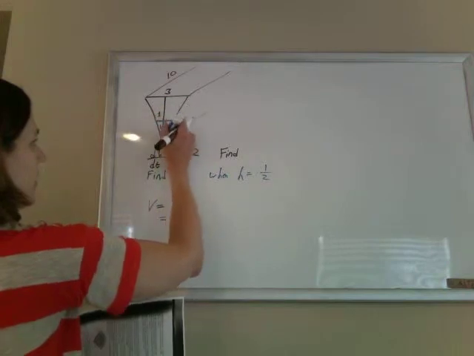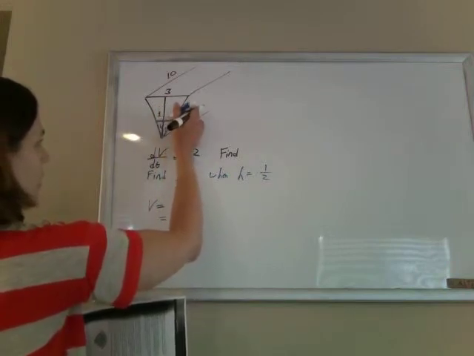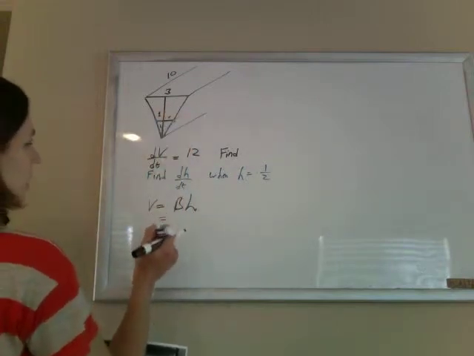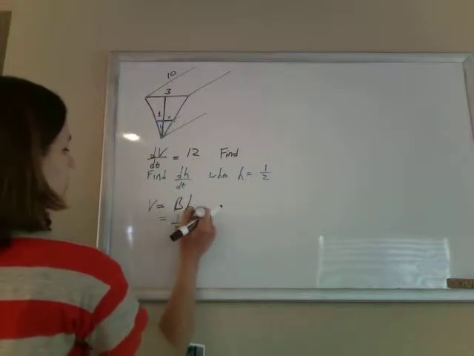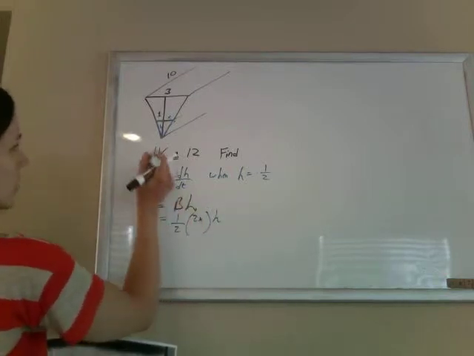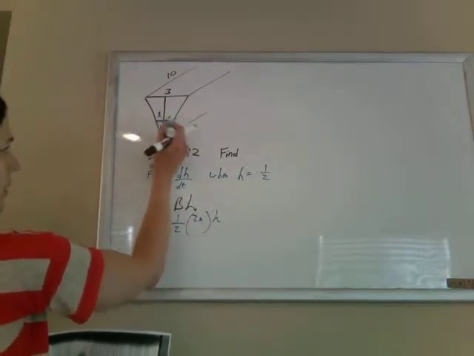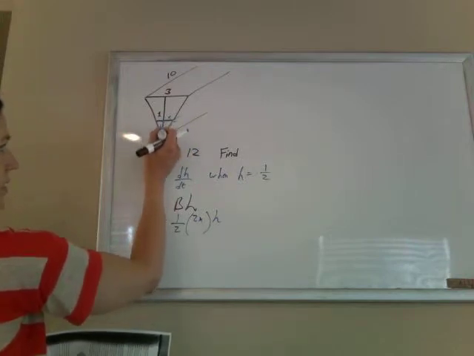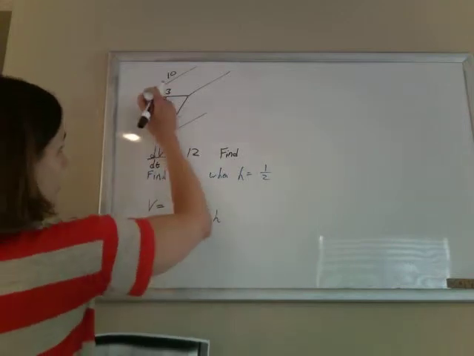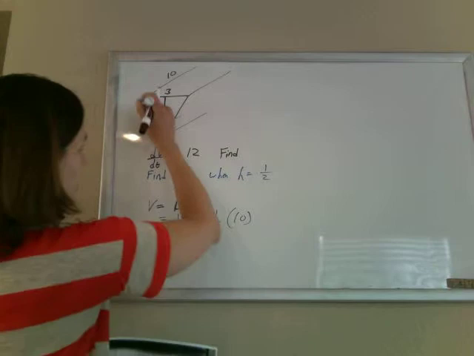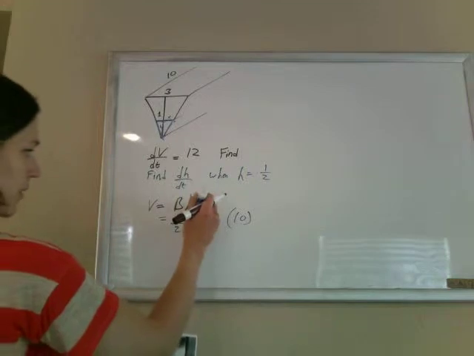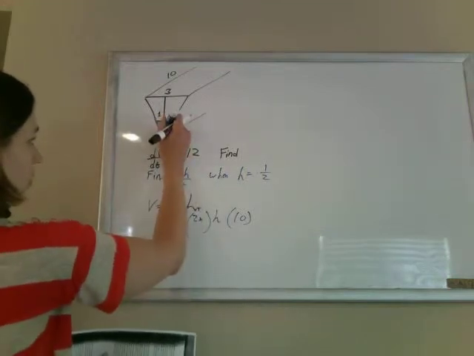So if I call this little part x, then the area of the triangle is 1/2 the base, which is 2x, times the height, which is h. And this height is the height of the actual trough itself, which is 10. So kind of poor notation that I've got 2 h's there. This one's supposed to be the height of the trough, and that h is the height of the water.